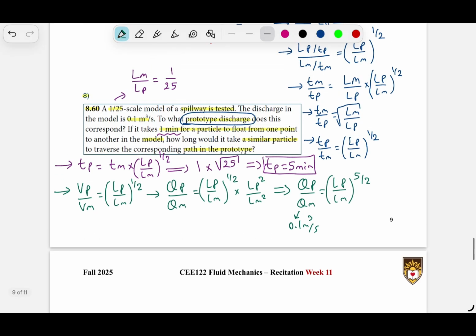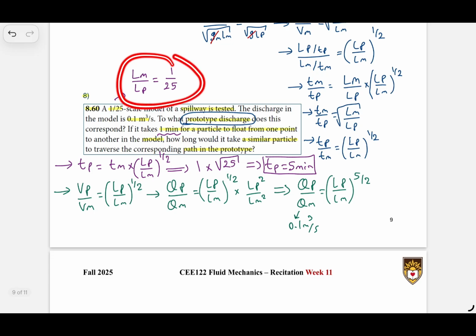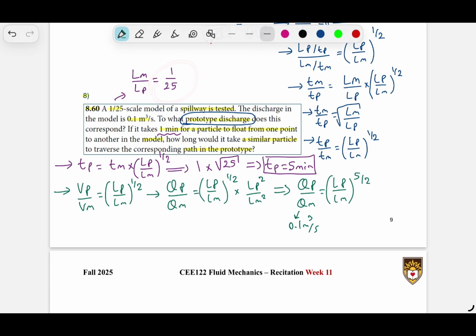And we already know the ratio of Lm over Lp, which was 1 to 25. Then this is going to be 25, but of course, with the power of 5 over 2. So from here, Qp will be equal to 312 cubic meter per second.